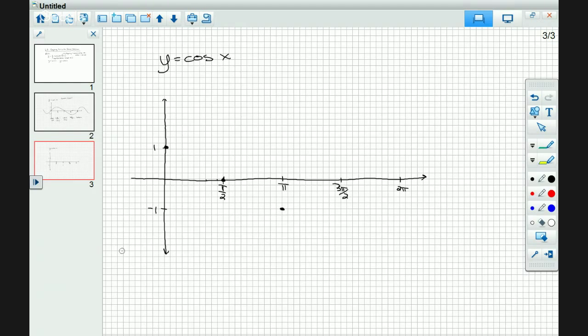Now we're at the bottom, right? So where's it probably going to go next? 0, and then back up to 1. Okay, so this one looks like that. This is smiley face because we like math.